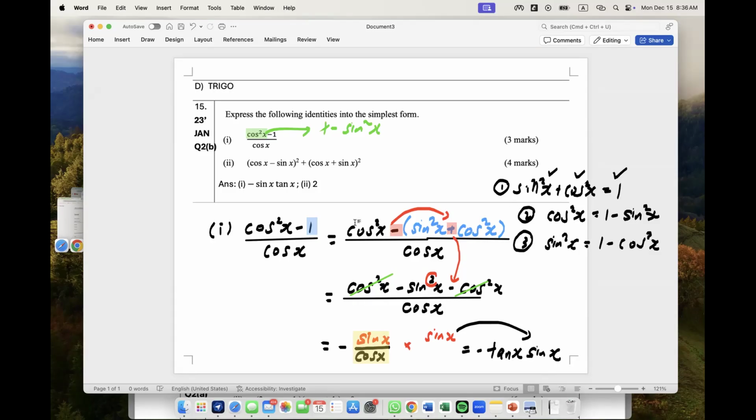Either you change the 1 to be sine square plus cos square, or else by changing cos square to 1 minus sine square, also will head to the same result. Is it alright? Any question before I continue? Can. If you know how to see, you write me straight away sine square x also can. Okay? That's all. And if no issue, then we can proceed to the second question.